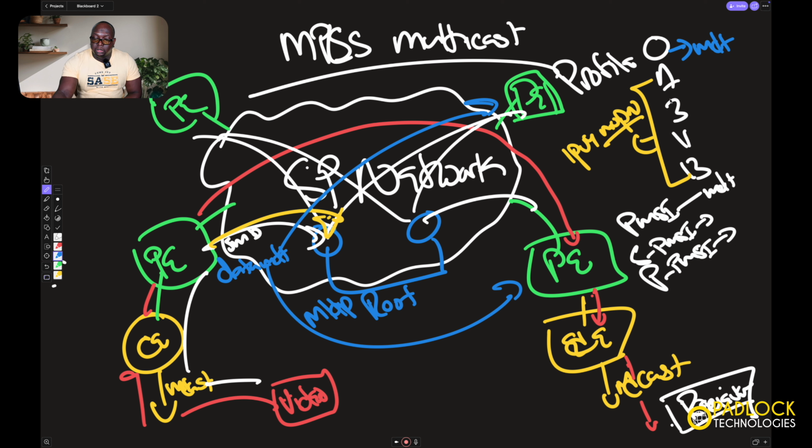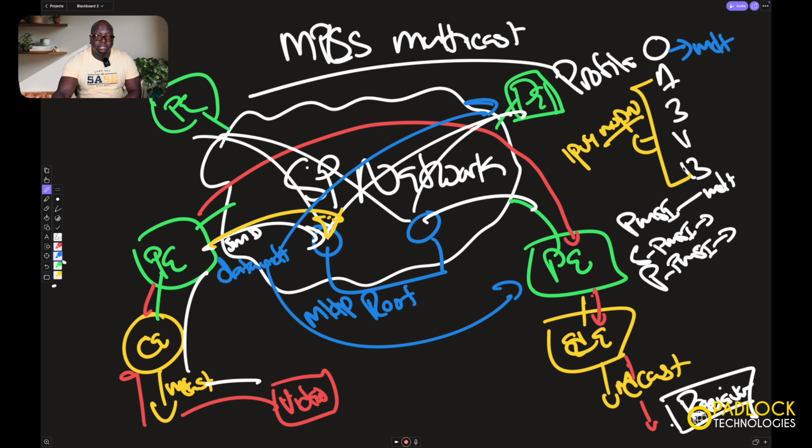Again, you have MLDP-based, which I always get tongue-tied with, and GRE-based. Now, the key difference is if you're going to do the GRE-based, you're not only going to have multicast running in the service provider network, but you're also going to have it in the VRF.